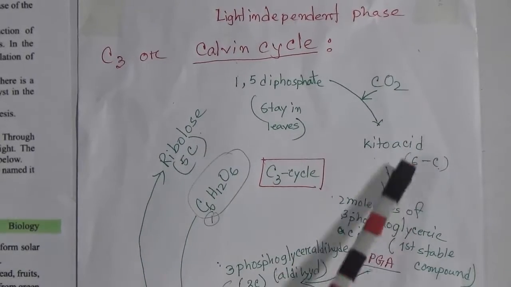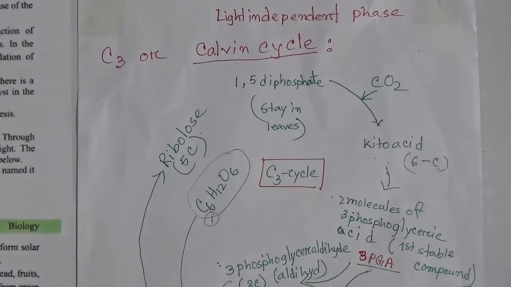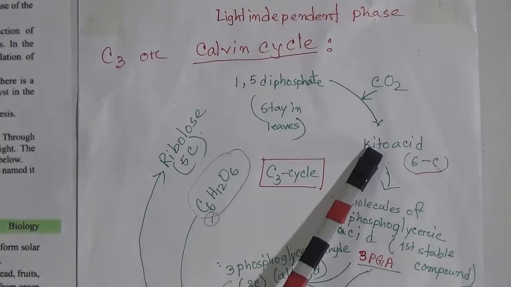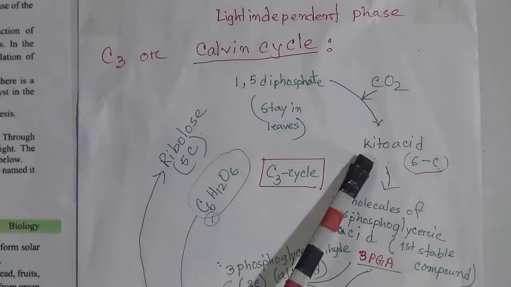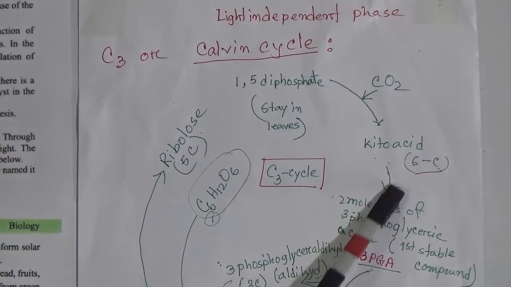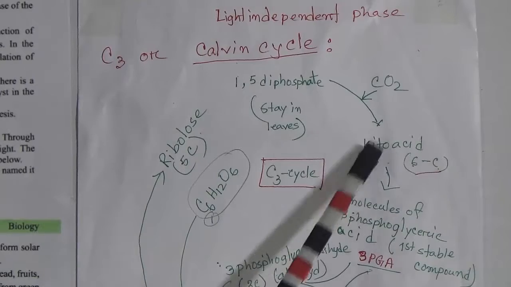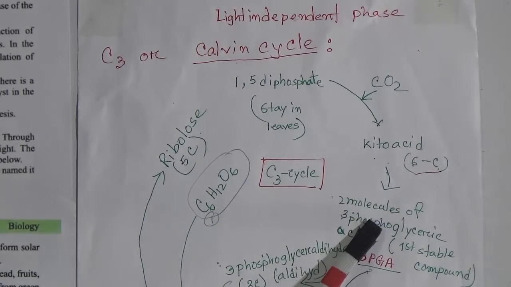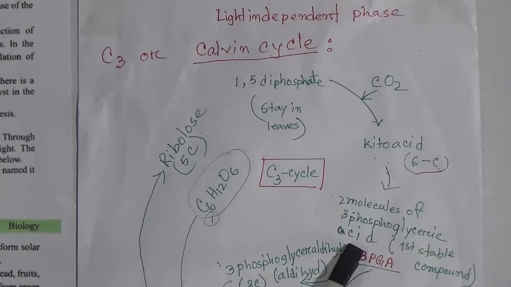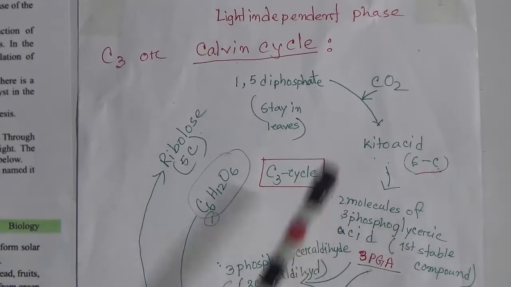That keto acid has 6 carbon, and it is an unstable product in this cycle. After a short time the keto acid breaks down into 3-phosphoglyceric acid.